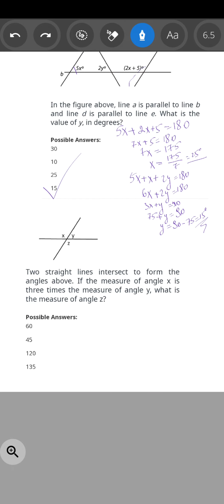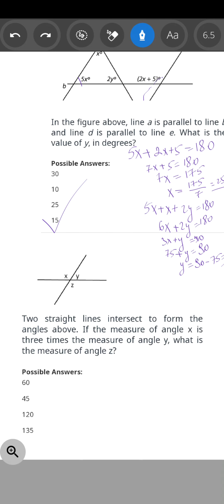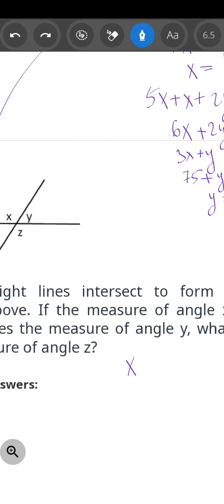Our next question. Two straight lines intersect to form the angles above. If the measure of angle x is 3 times the measure of angle y, what's the measure of angle z? According to the condition of this question, the measure of angle x is 3 times the measure of angle y. So we can write x is equal to 3y.